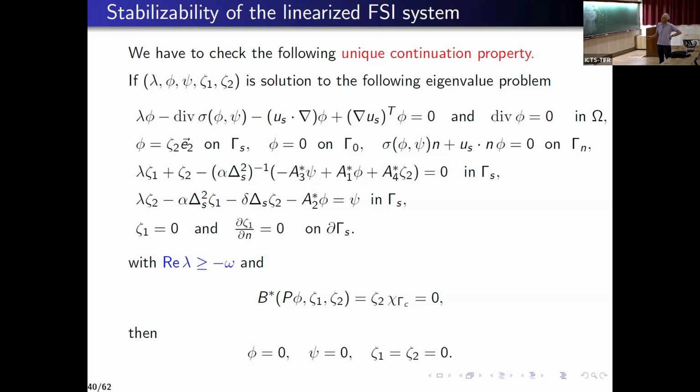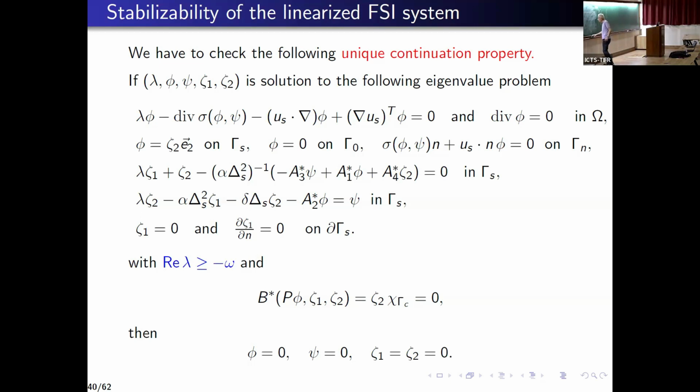If I want to have stabilization up to minus omega, I have to consider all the eigenvalues and eigenvectors for which the real part of lambda is greater than minus omega. And if B star applied to the eigenvector is equal to 0, meaning zeta 2 is equal to 0, where zeta 2 is the displacement of the adjoint problem, then we must be able to prove that phi, psi, eta 1 and eta 2 are 0.